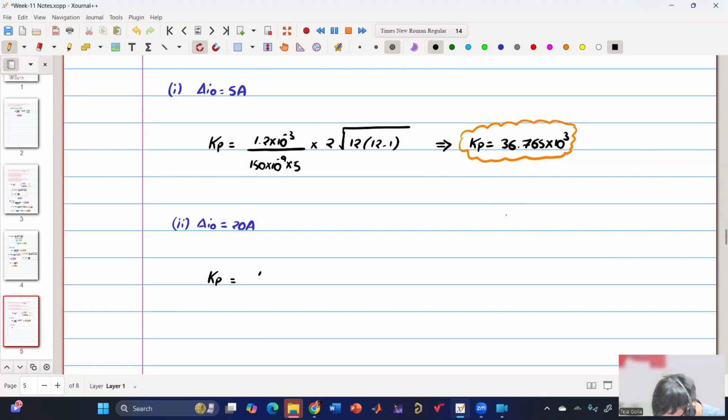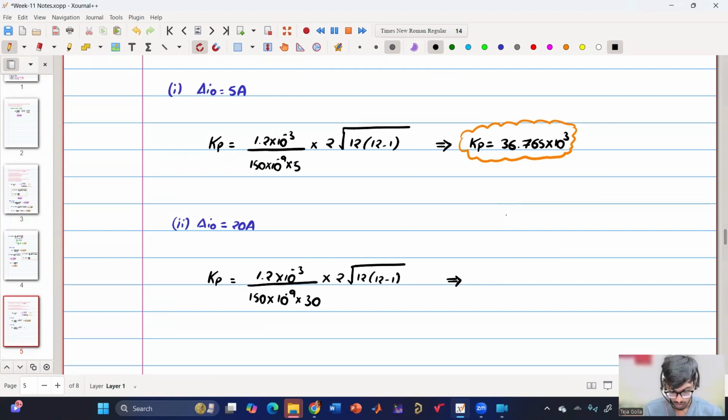So Kp is 1.2 into 10 to the power minus 3 by 150 into 10 to the power minus 9, into now 30, and then 2 into square root of 12 into 11. So 1.2 milli by 150 nano, and I'm getting 6127.